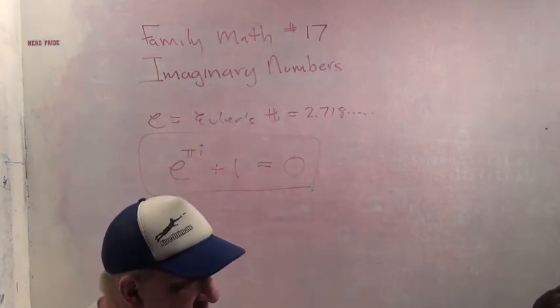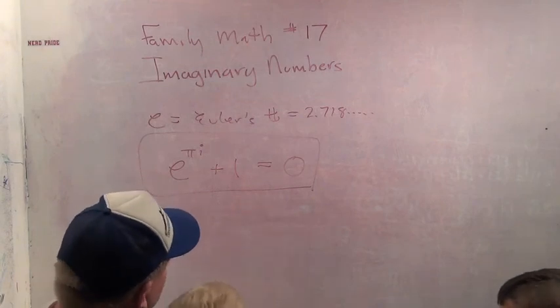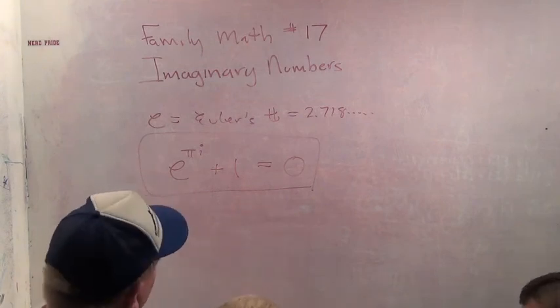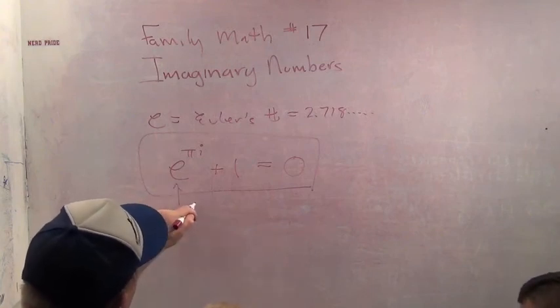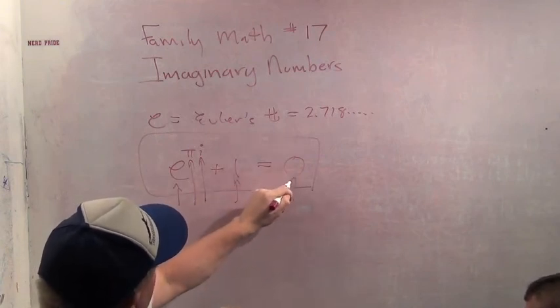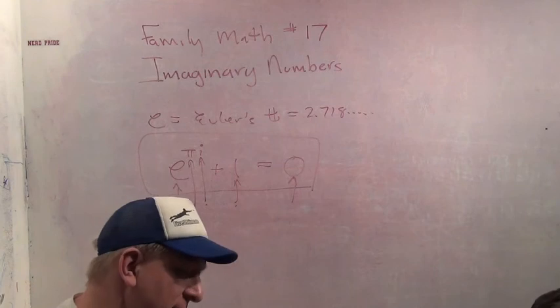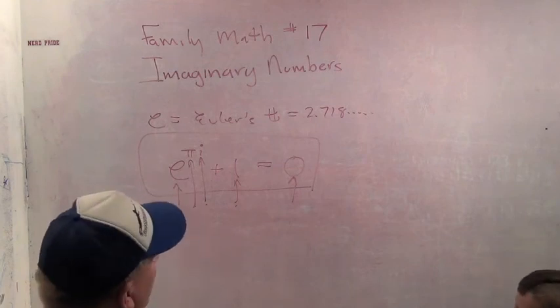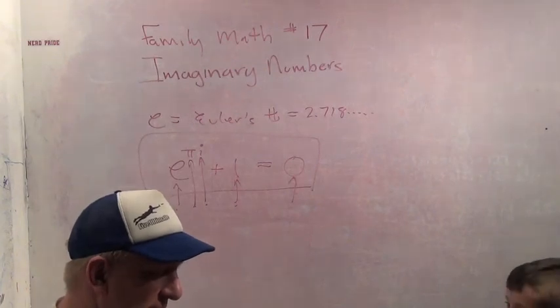Do you want to know what's really neat about this equation? This has an e in it, a pi in it, an i in it, a 1, and a 0. So it has 5 numbers: e, pi, i, 1, and 0. And those are the 5 most important numbers in mathematics.